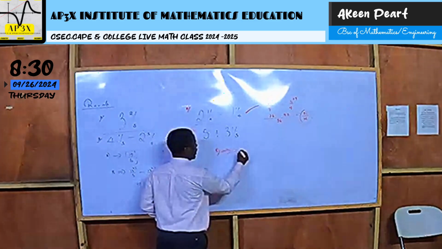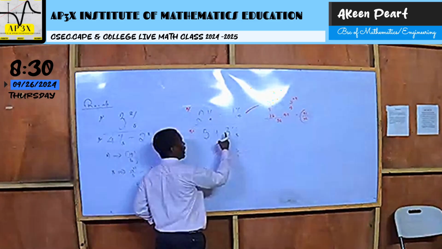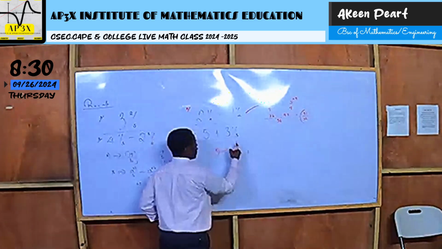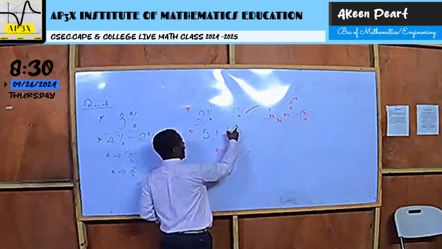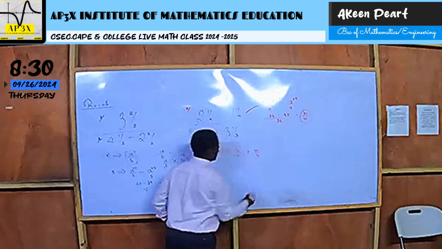5 over 1, take away 3 threes is 9, oh, it's plus, thank you. 3 threes is 9, 9 plus 1 is 10 over 3. And go ahead and find the LCM.